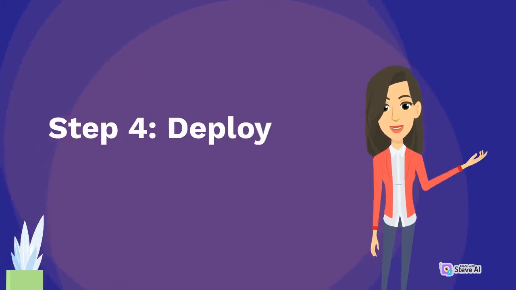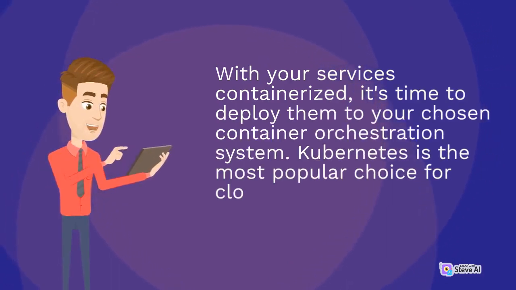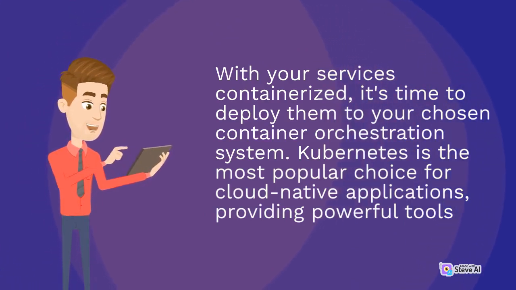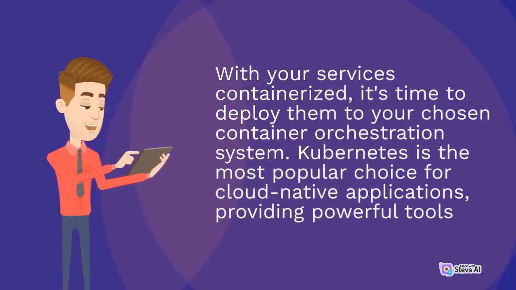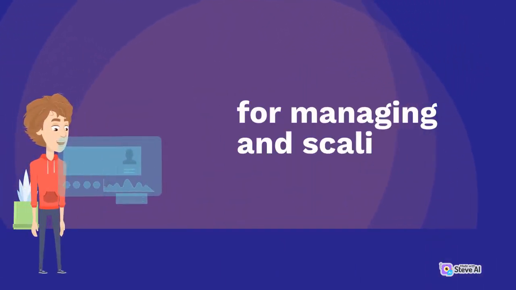Step 4. Deploy to Kubernetes. With your services containerized, it's time to deploy them to your chosen container orchestration system. Kubernetes is the most popular choice for cloud-native applications, providing powerful tools for managing and scaling services.